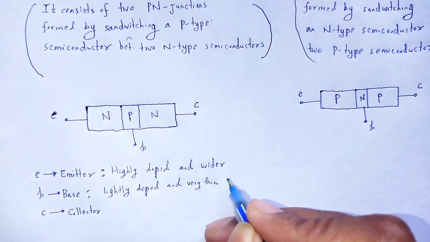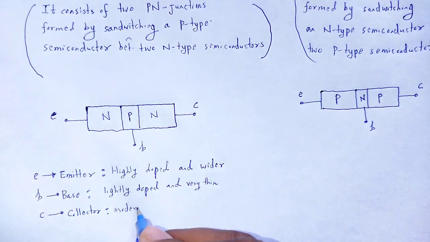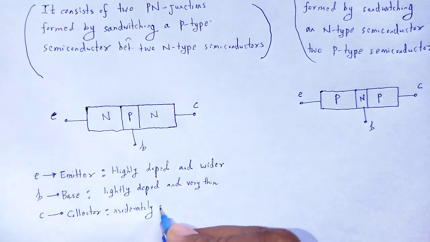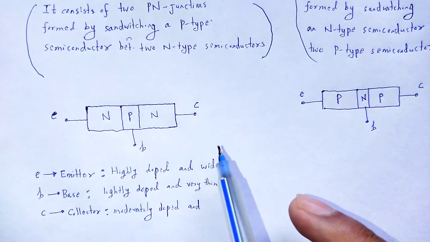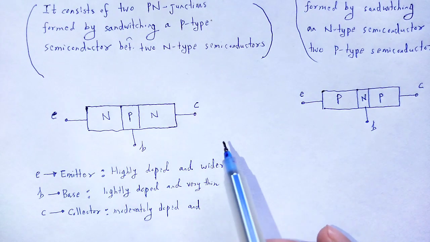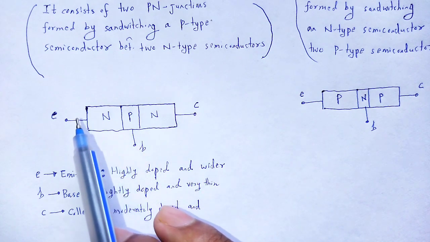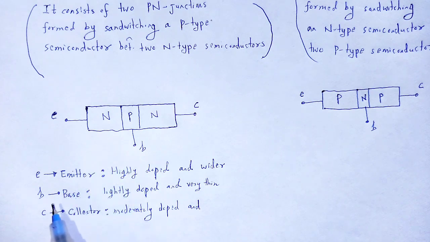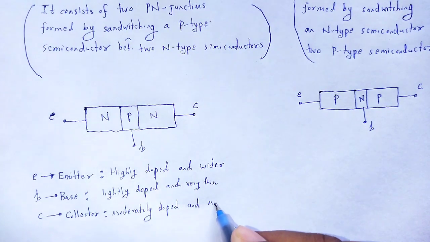The collector is moderately doped, and its thickness is much wider in comparison to that of the emitter.